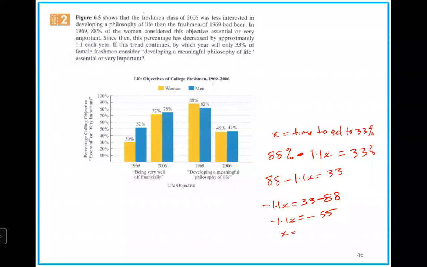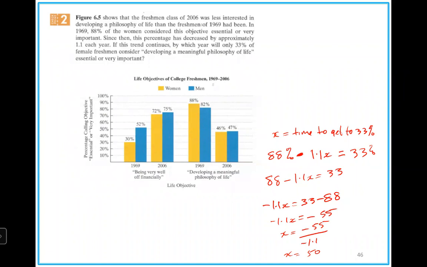Negative 55 over negative 1.1, and x is equal to 50. All right, so it will take 50 years.